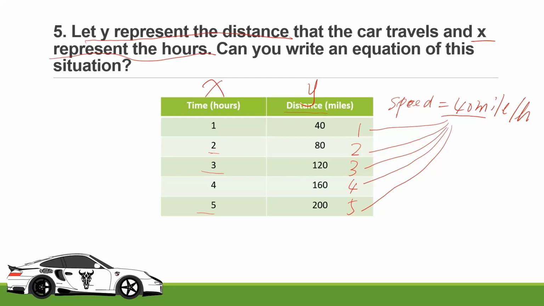So here we know that 40, the speed, is multiplied by time. Like 40 multiplied by 1 is 40, right? And 40 multiplied by 2 is 80, right? So when 40 times time, we have, very good, distance.